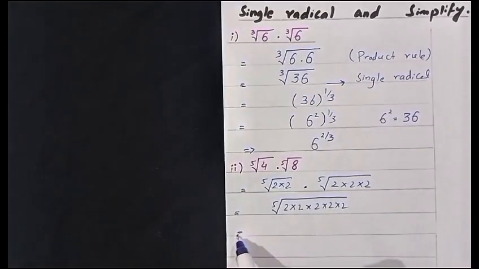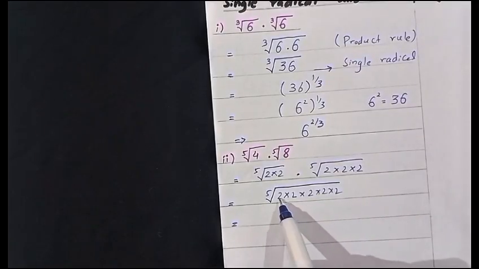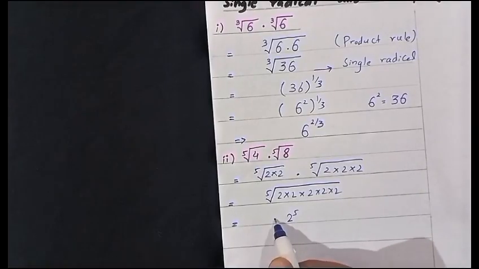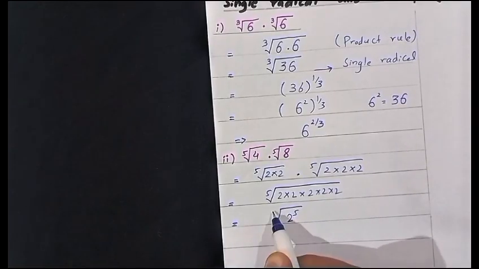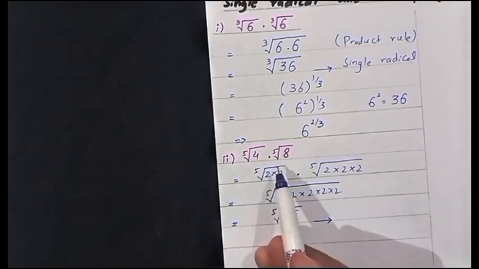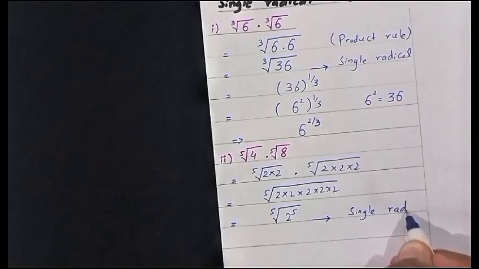That equals 2 power 5 under a radical sign with index 5. This is the representation of both radical expressions as a single radical.